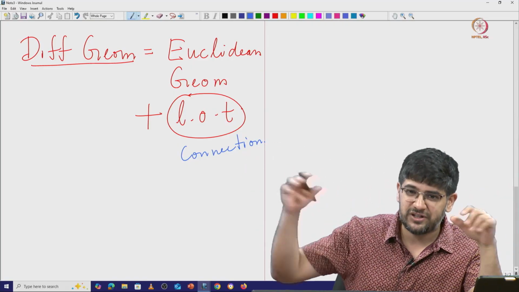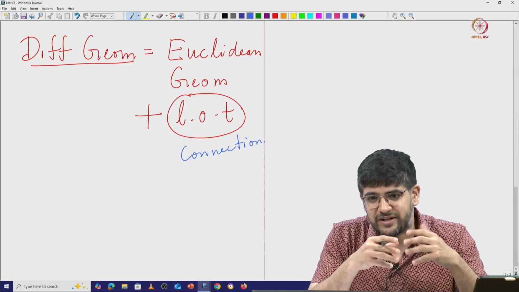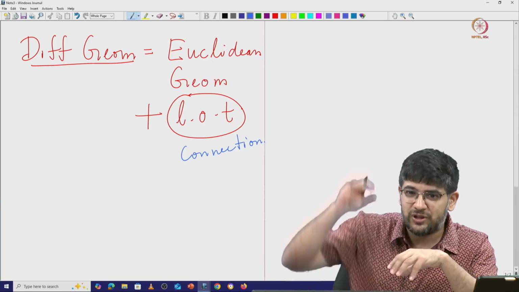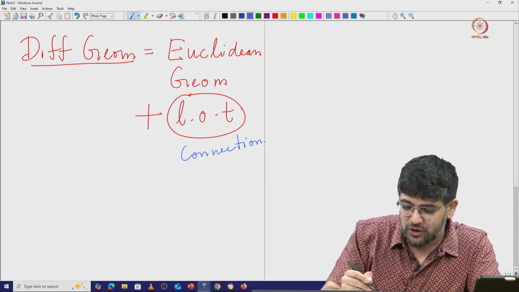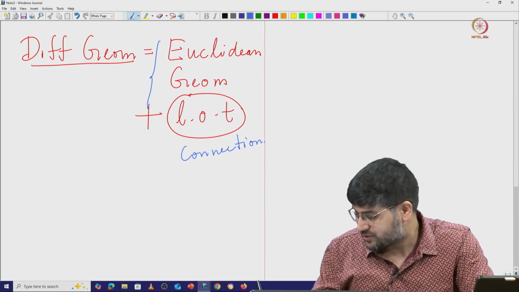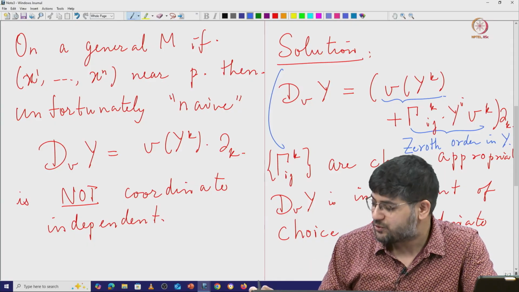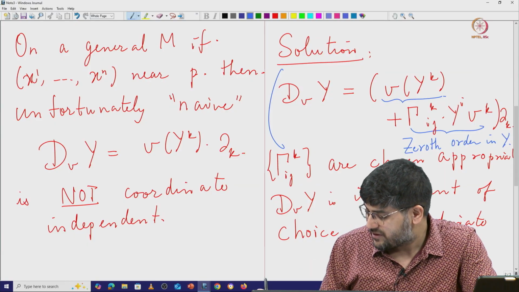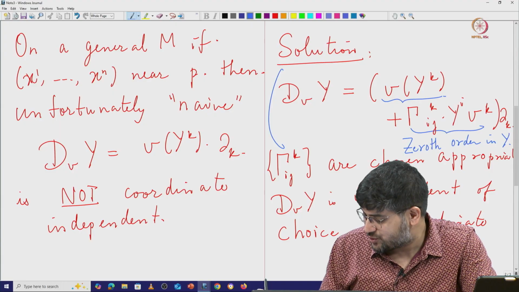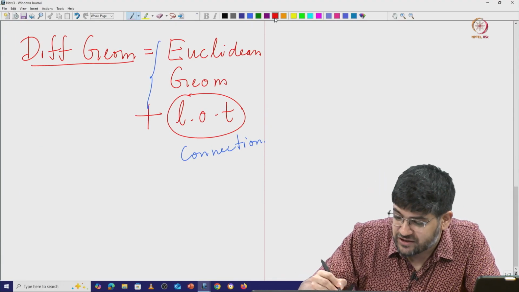So it's a global definition, and then in the next lecture I will show how that global definition actually corresponds to the solution that I wrote down here. Alright, so that brings us to the definition of a connection.